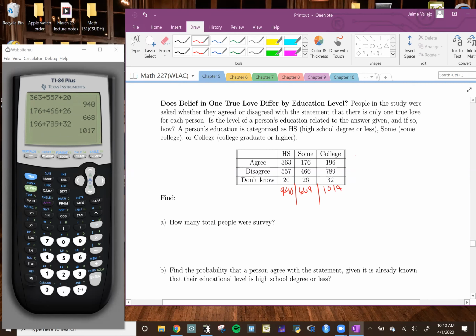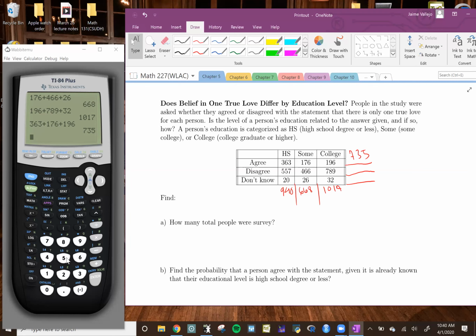Cool. Now we're also going to get the people who agree with the statement, don't agree with the statement, or don't know about the statement. So we're going to do 363 plus 176 plus 196. That'll be 735.